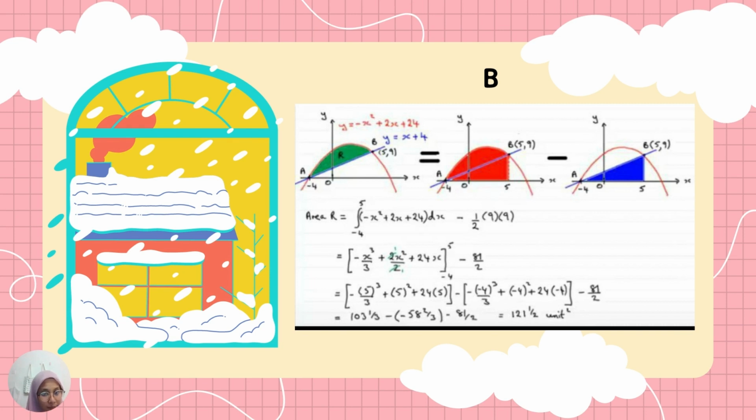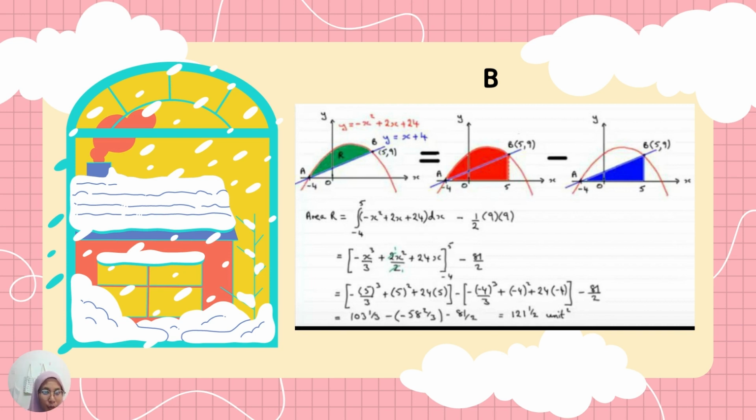So first, the red one will be the integral with upper limit 5 and lower limit -4 of negative x squared plus 2x plus 24 dx, minus the area of the blue shaded area, which is 1 over 2 times 9 times 9.